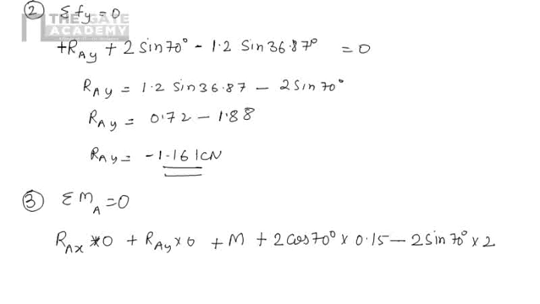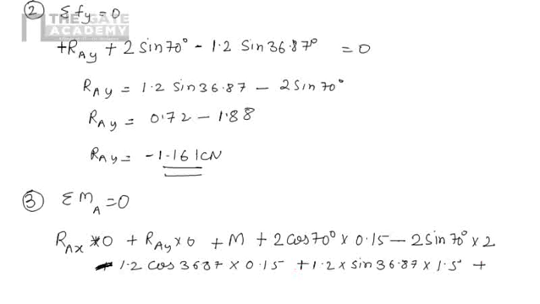Then the horizontal component of 1.2 is 1.2 cos 36.87 and the perpendicular distance is 0.15, and it is in anti-clockwise direction, so it is negative. Similarly, the vertical component is 1.2 into sine 36.87 into 1.5, it is in clockwise direction, so positive. And the moment 0.5 kilonewton meter is again in clockwise direction, equals to 0.